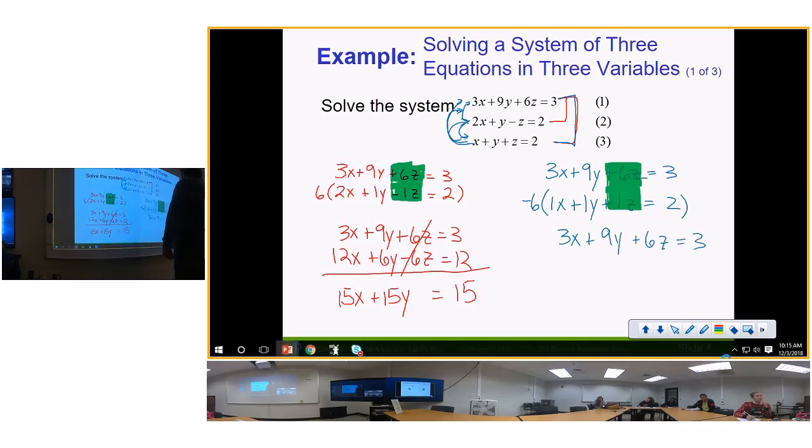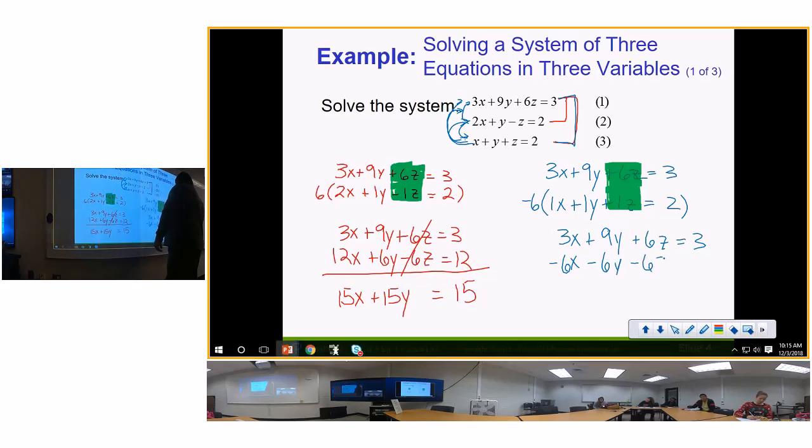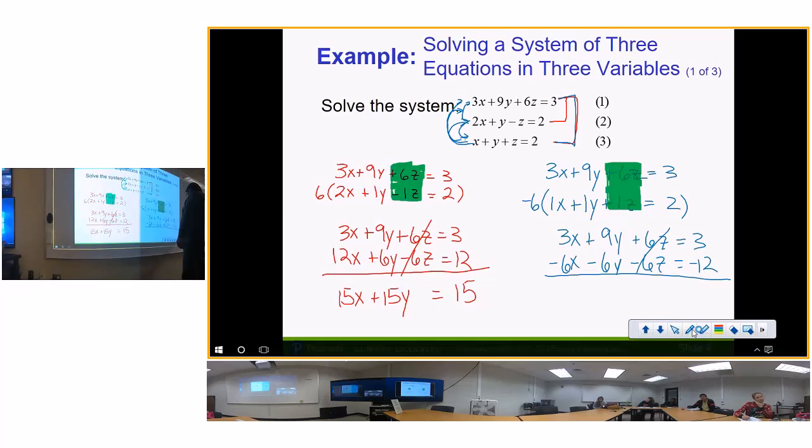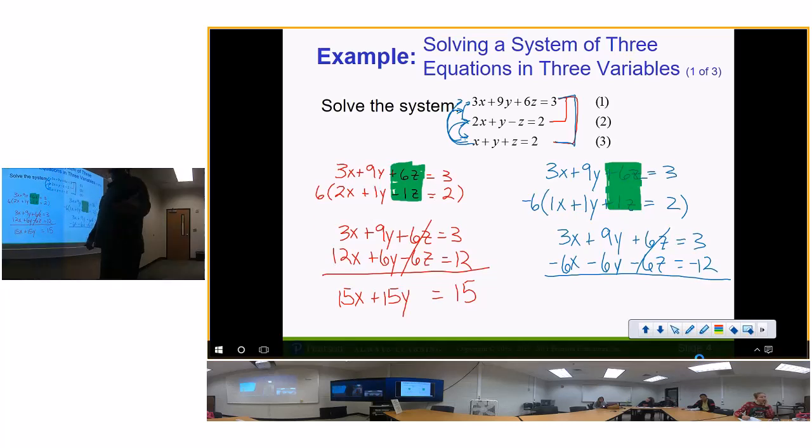And the bottom is negative 6x minus 6y minus 6z is equal to negative what? 12. And what happens to the z's? Oh my gosh, look what we got now. We got two equations, two what? Unknowns. So now you can go back to your elimination or substitution and find out what they are.